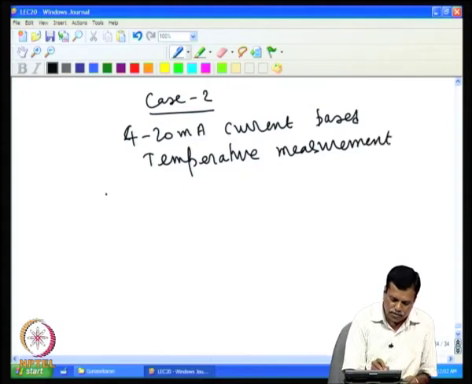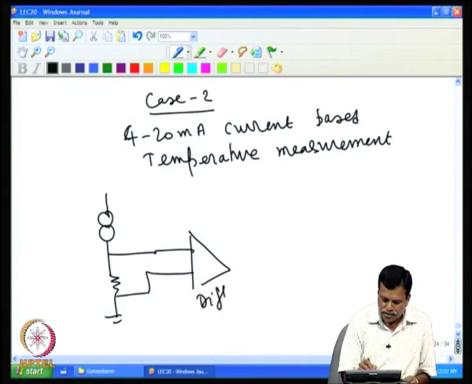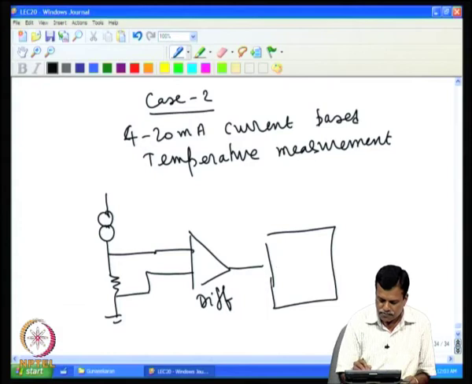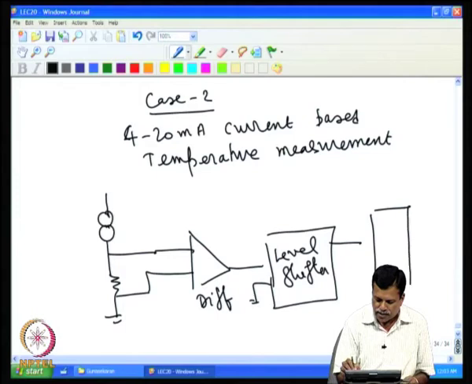For this what you do is we will have the current source, then a similar arrangement, then we have a difference amplifier, then we have the level shifter, then the level shifter output is given to the current converter.